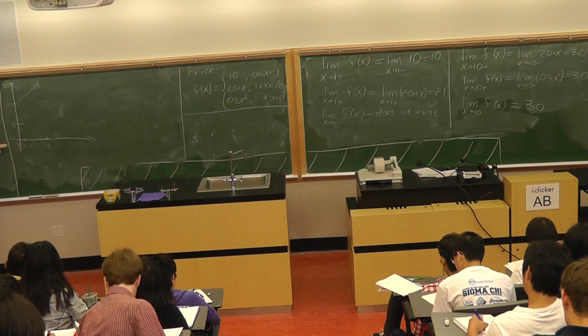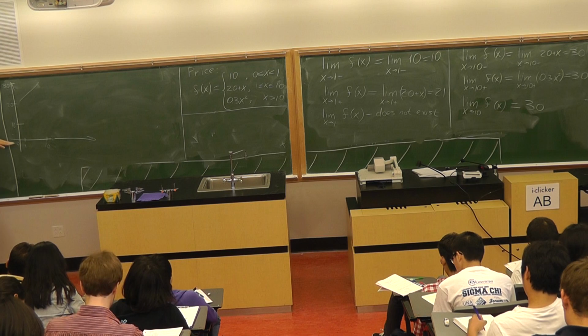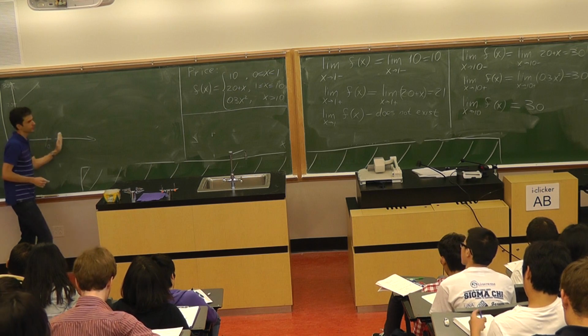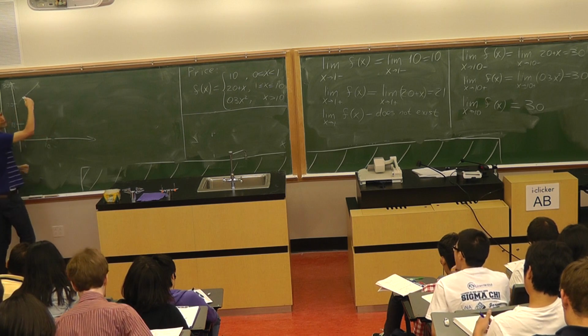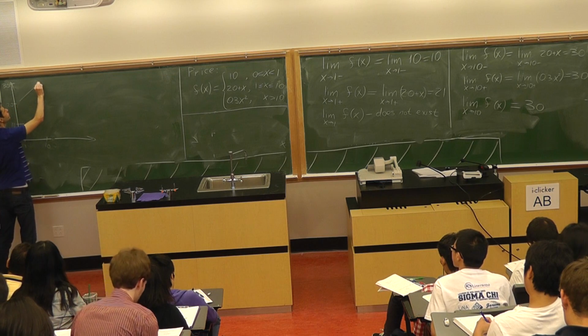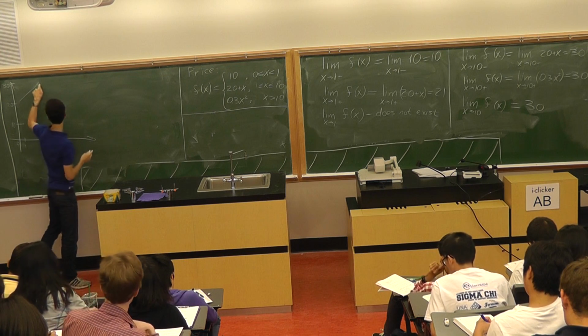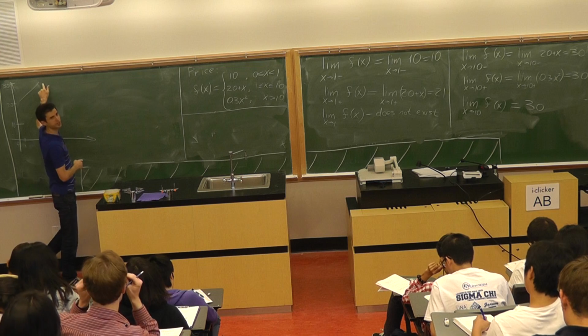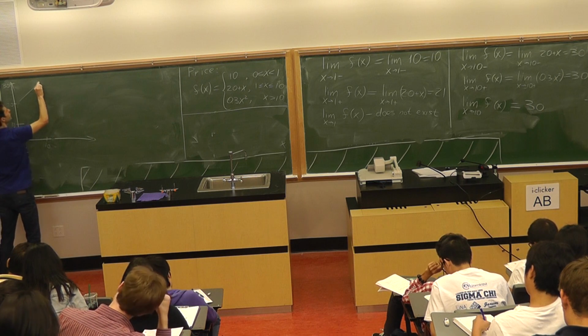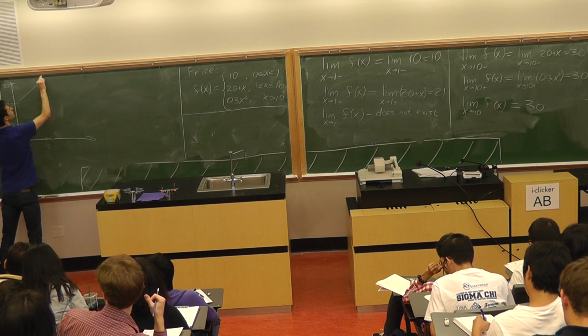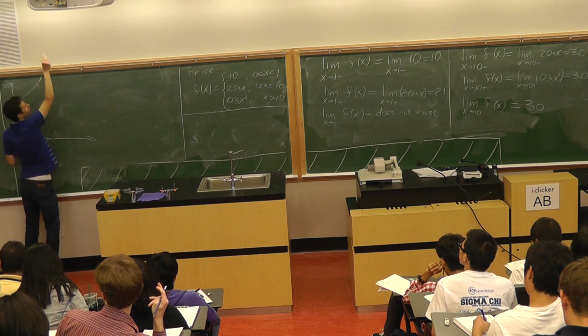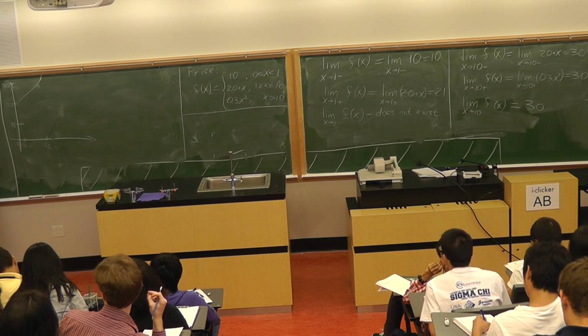And finally, when I go from 10 to the right, I have a quadratic polynomial, but you see that its value at the point 10 is exactly 30. So it is a part of a parabola. You should imagine that there is a parabola here, like this.